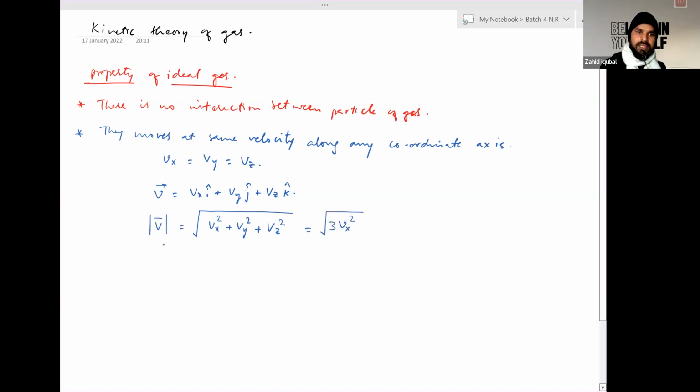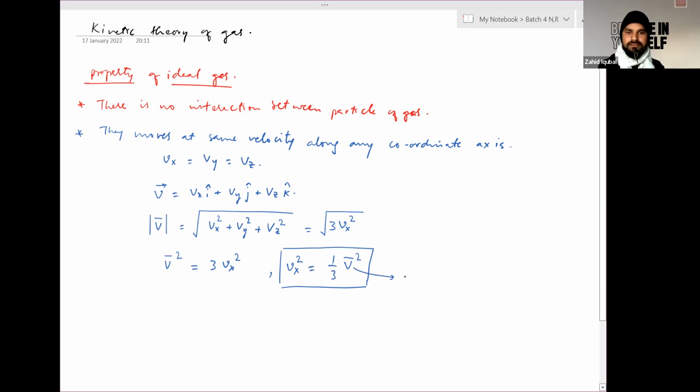This quantity is also termed the mean velocity, or if you square both sides, the square mean velocity equals 3 times Vx square. So velocity along any one coordinate will be 1/3 of V bar square. This is called square mean velocity.